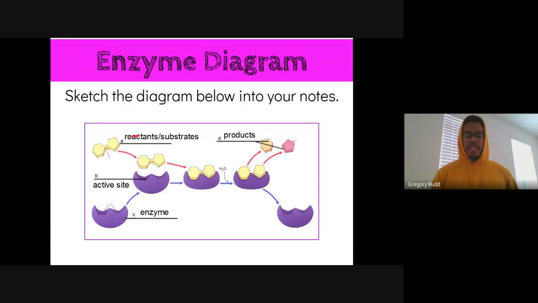And here's your reactant, aka your substrate. It's going to go into the active site of the enzyme. And the enzyme in this case is digesting it. It's breaking it down. So what starts off as one substance, as a reactant, ends up as two different substances, two different products, because the enzyme is breaking it down.